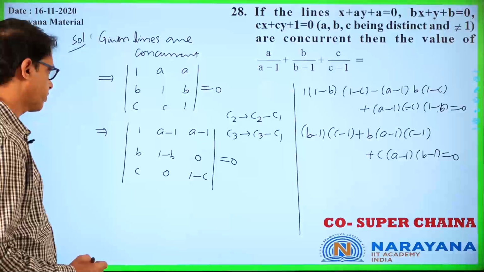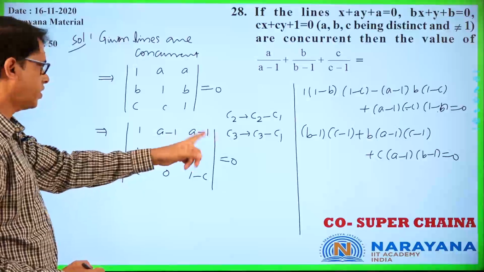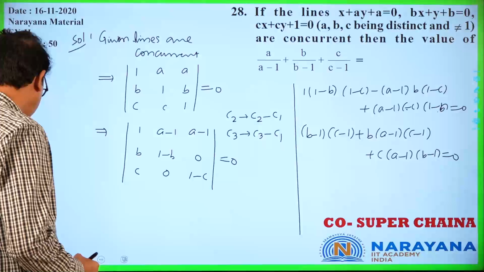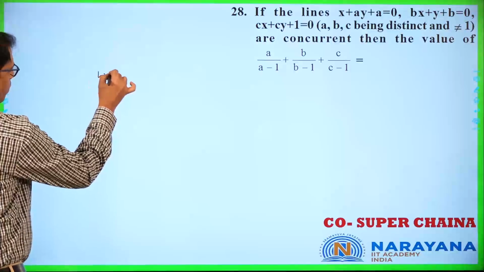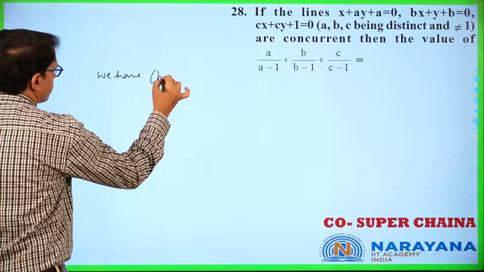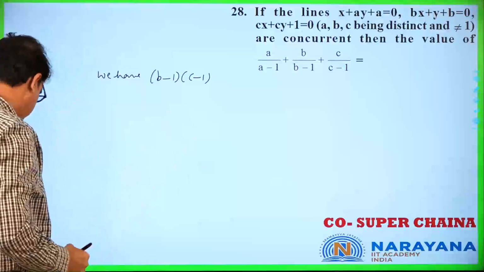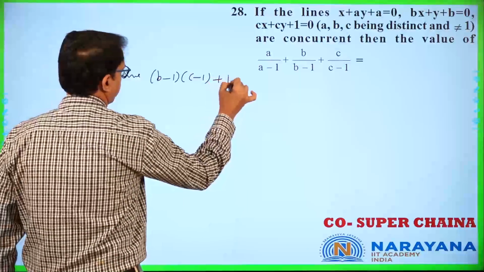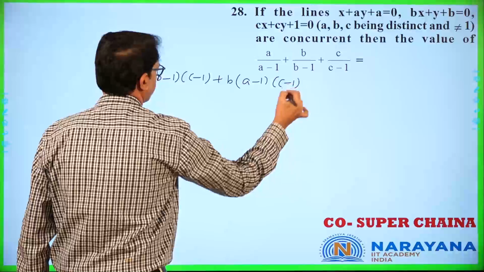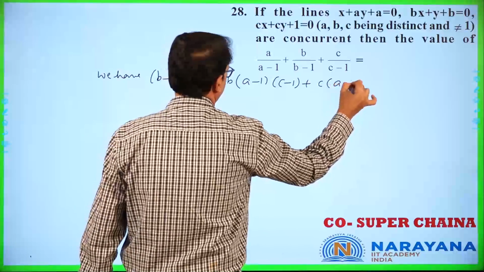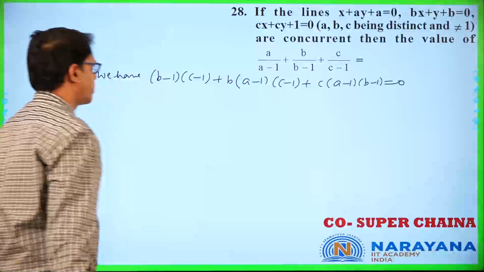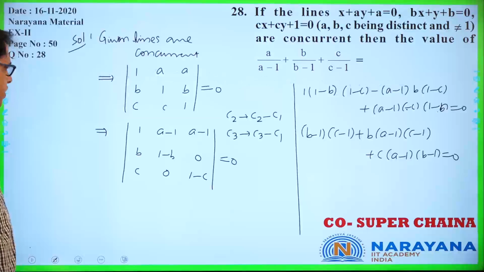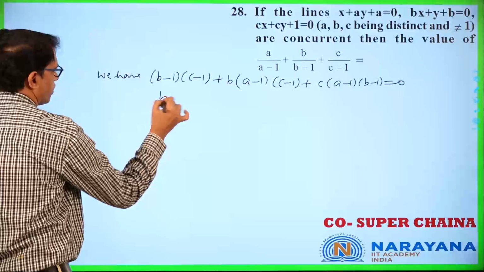First write this one: a into (b minus 1)(c minus 1), plus b into (a minus 1)(c minus 1), plus c into (a minus 1)(b minus 1) equal to 0. That's it, no? Let's check once again.